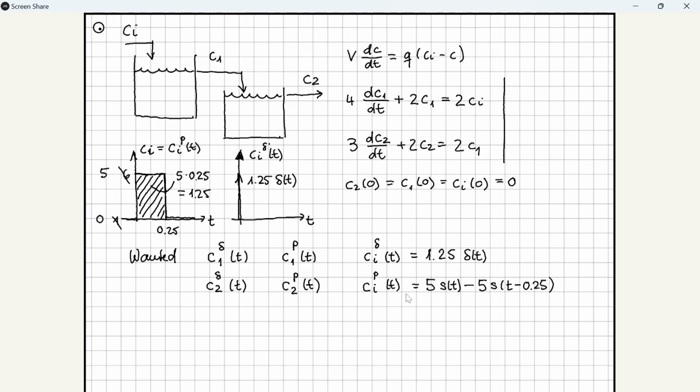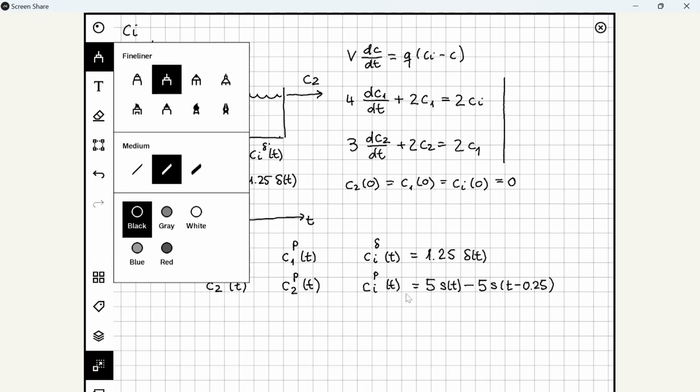And remember, if we're shifting to the right, we are saying t equals 0.25, because if we're setting t equals 0.25, we're getting t minus 0.25 equals 0. So we're shifting it to the right by subtracting the time delay. Okay, just as a reminder. All right. So now let's start here with C1. So let's start with the upper part here.